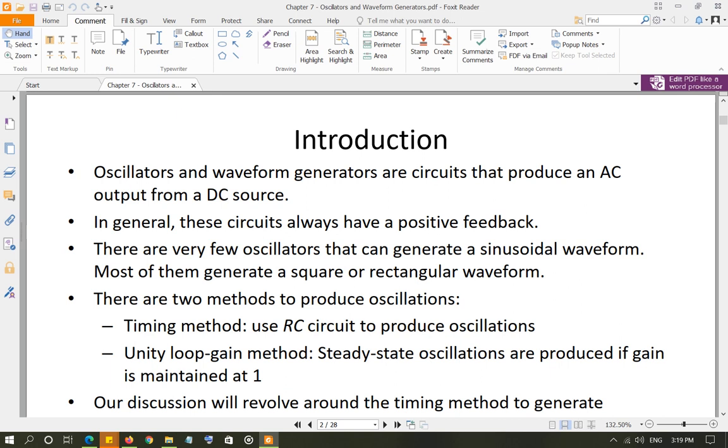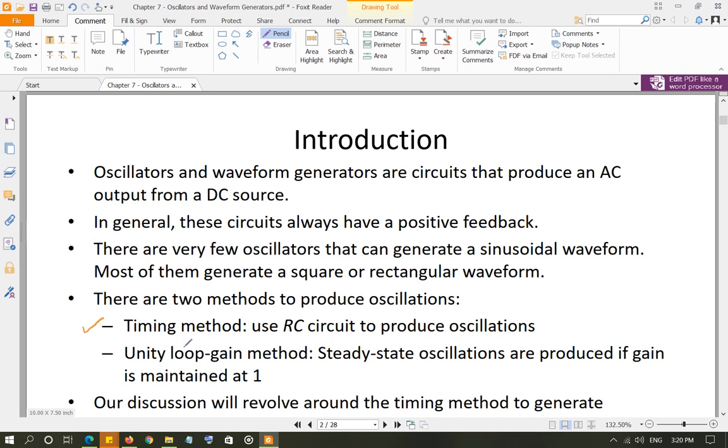There are two ways to produce oscillations. We are going to look at specifically the first one, which is the timing method. The timing method basically uses your RC circuit, like we studied in circuit analysis, and using the timing of the RC circuit it produces oscillations, as you will see very soon.